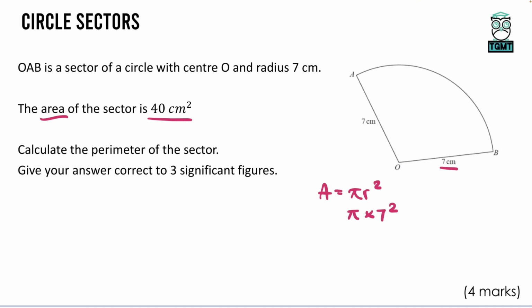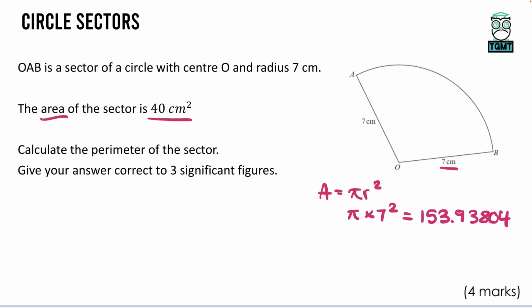Now, of course, we could write that in terms of pi, but we are given a numerical area here, so we'll write this as a decimal. It comes out as 153.93804. Now, 40 as a proportion of the full circle, so we could write it as a fraction of the full circle, or we could write it as a percentage of the full circle.